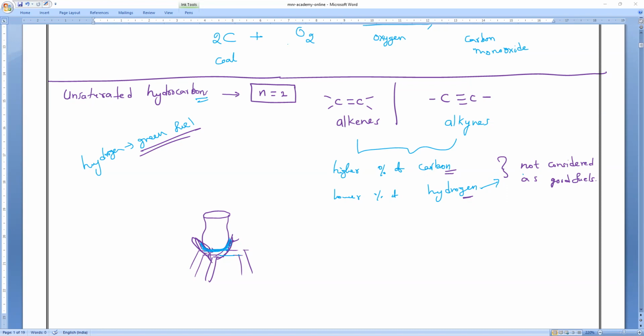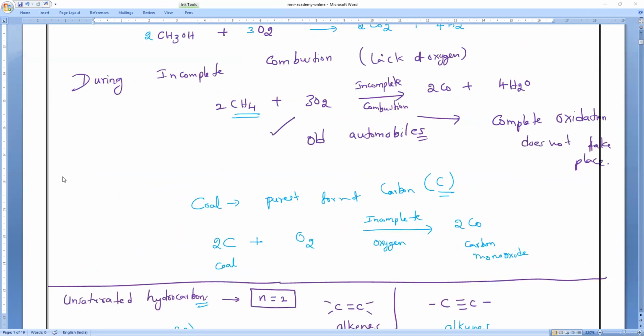In our home, the gas contains butane, C4H10. Is it saturated or unsaturated? It is saturated. So it will burn with a blue flame. No soot particles will be produced, so the bottom surface will never turn black.